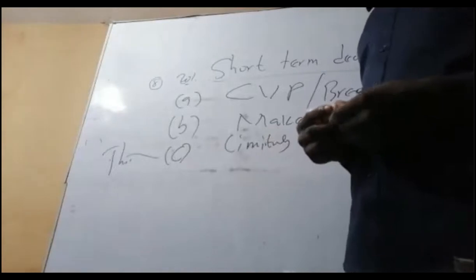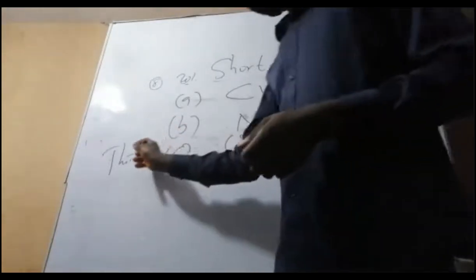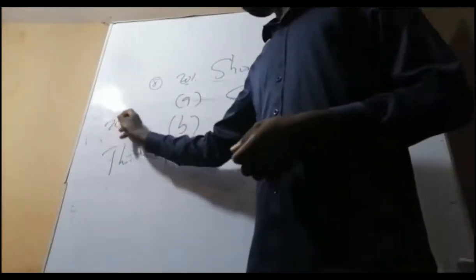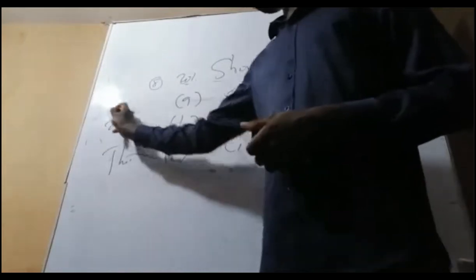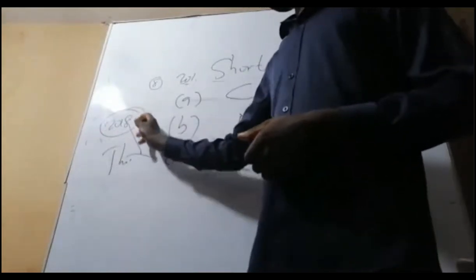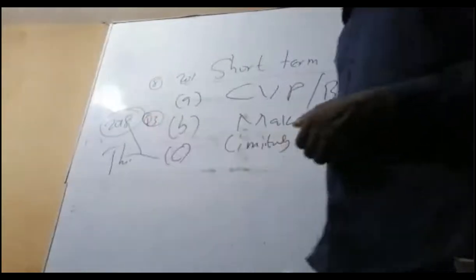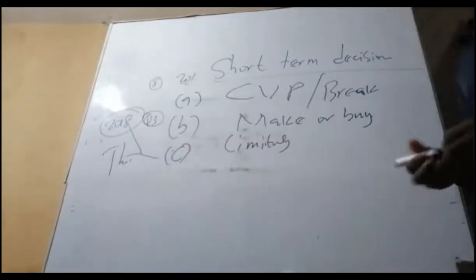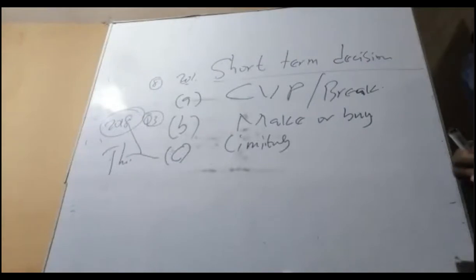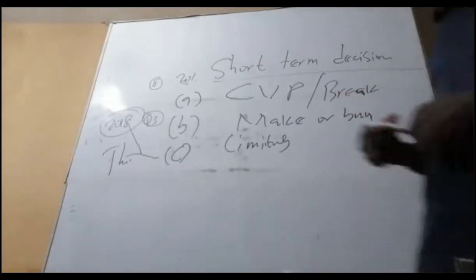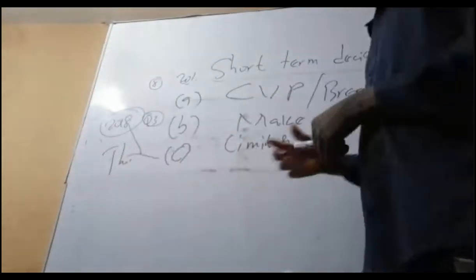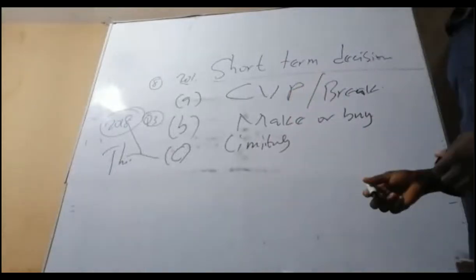Go to November 2018, question 9, do question 3. November 2018, where throughput and limiting factor are all somewhere there.